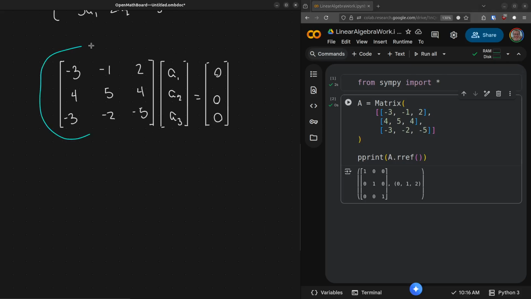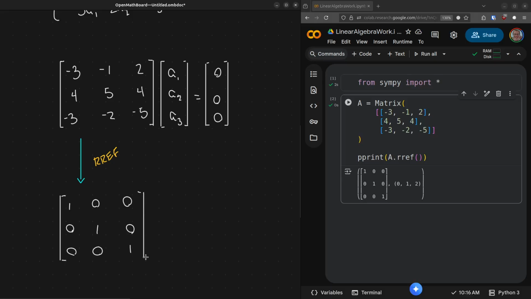The reduced row echelon form of that matrix is just the identity matrix. We know with something like this, we are going to have exactly one solution. There are no free variables. I don't have a row of zeros and then a 1 in the augmented part, because remember my augmented part is all zeros.